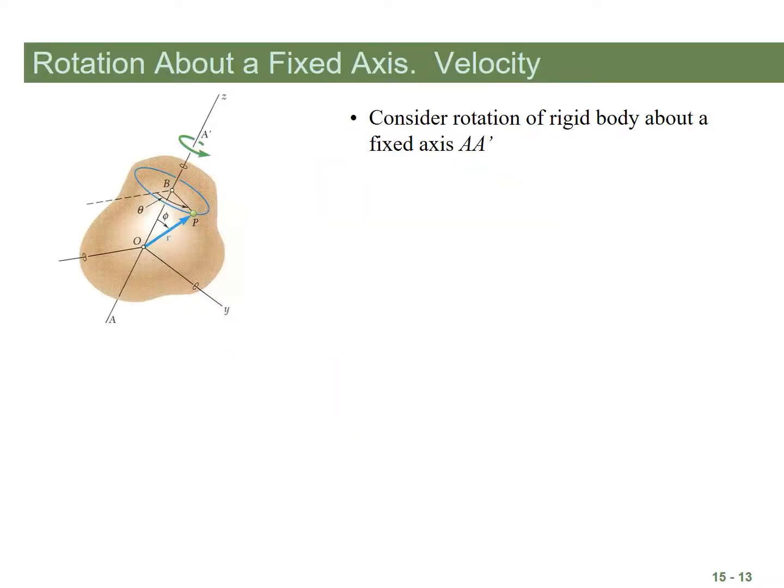Here's our potato. Our potato is on a shish kebab stick, and we're rotating it around the fire. And we want to know the velocity of some point P on this guy. So what we're going to have to figure out is how far that point is from our axis of rotation.